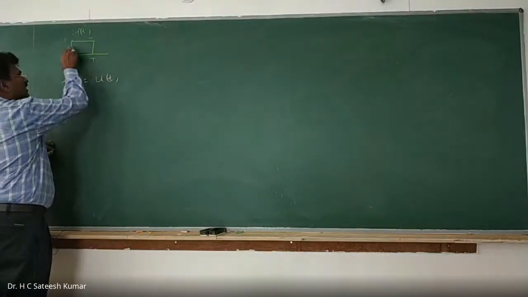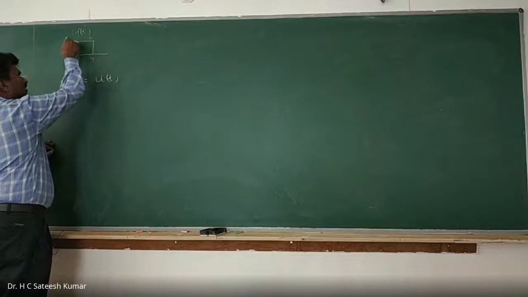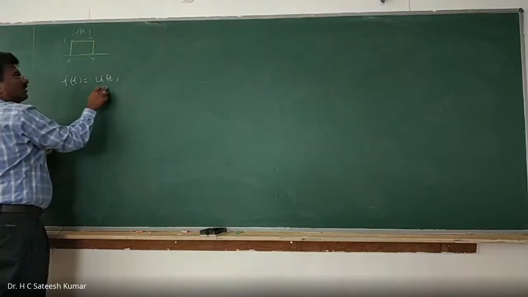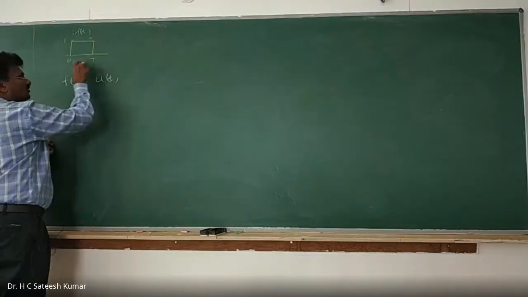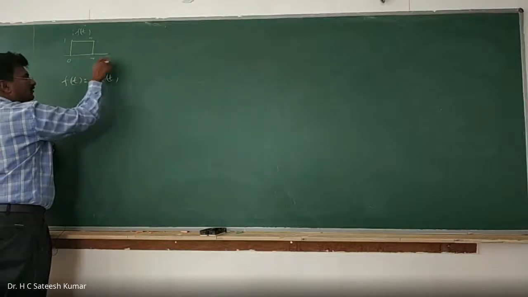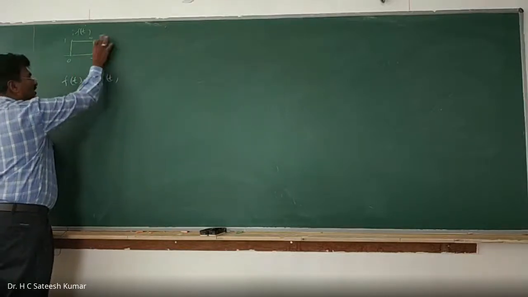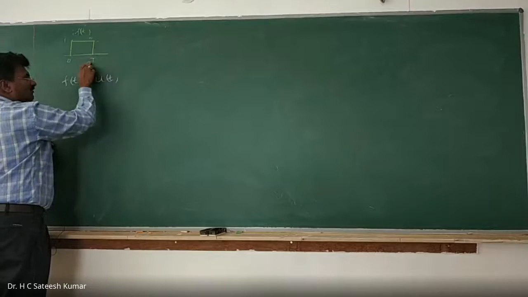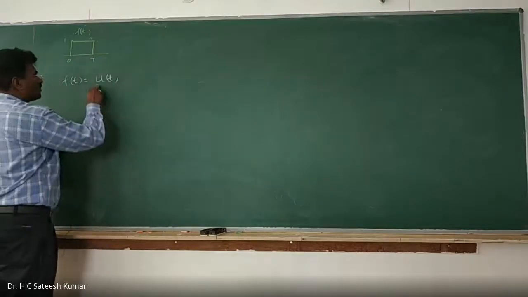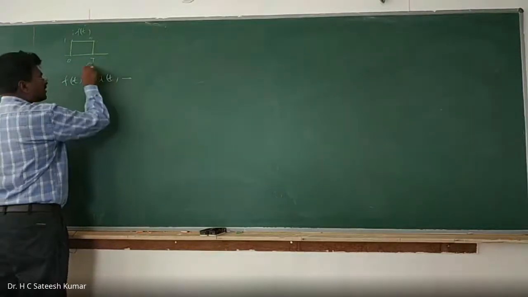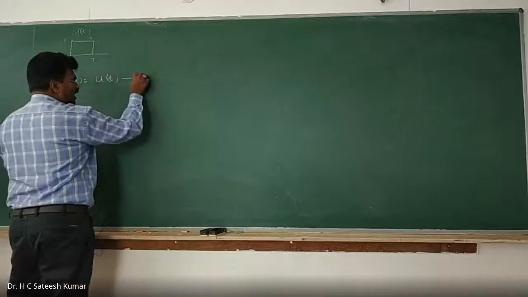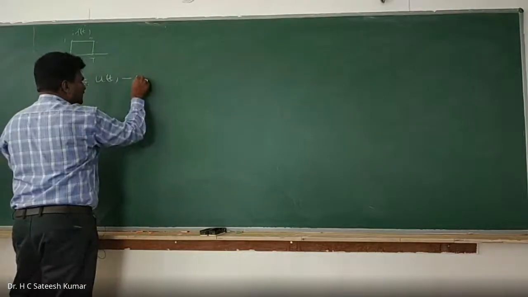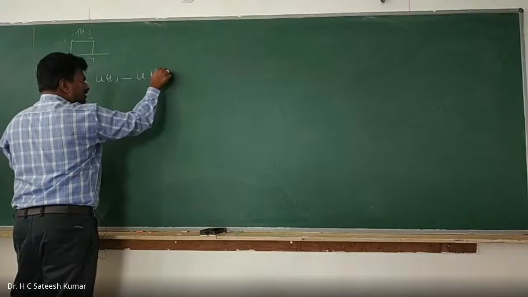That is, starting from 0, its value is 1 means u of t. Out of 0 to infinity, I want T to infinity to be 0. That means out of 0 to infinity, subtract from T to infinity. So 0 to infinity is u of t minus, subtract from where? T. Subtract step function from your T, that means u of t minus T. That's all.